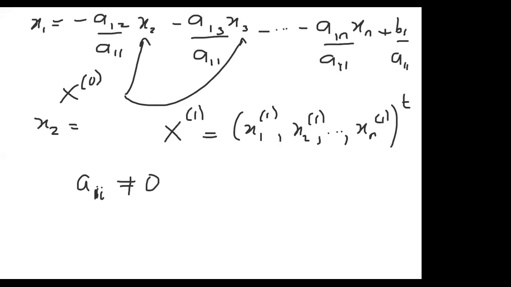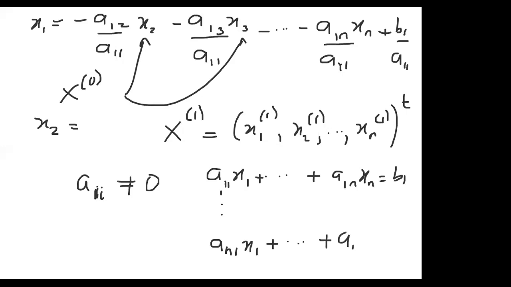Because if, for example, a11 is equal to 0, then you won't be able to find the value of x1, right? So in other words, when you write your system of equations, a11 x1, for example, and so on up to a1n xn equal to b1, you do the same here. You're going to have an1 x1 plus and so on up to ann xn equal to bn.